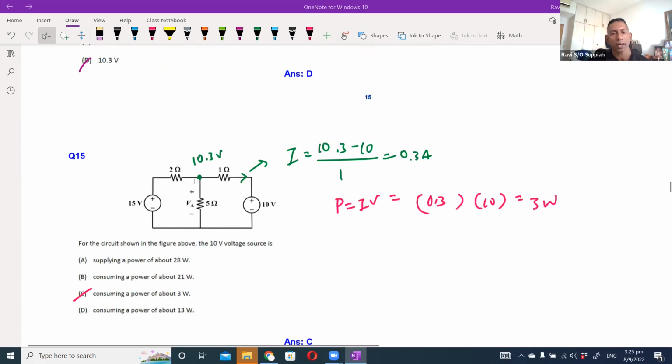This is basically the current through the resistance, because of the voltage difference, correct? So this is 10.3, this is 10. So we calculate the current as 0.3.